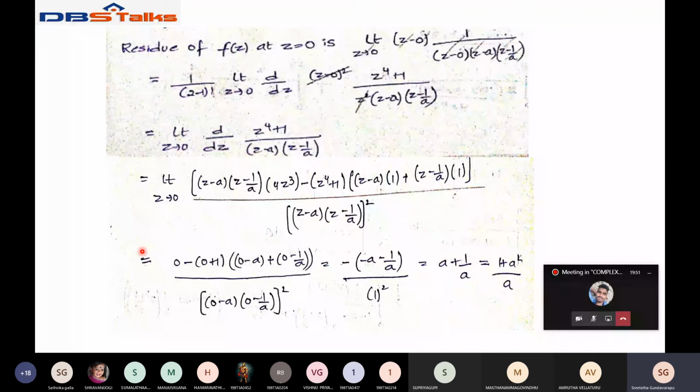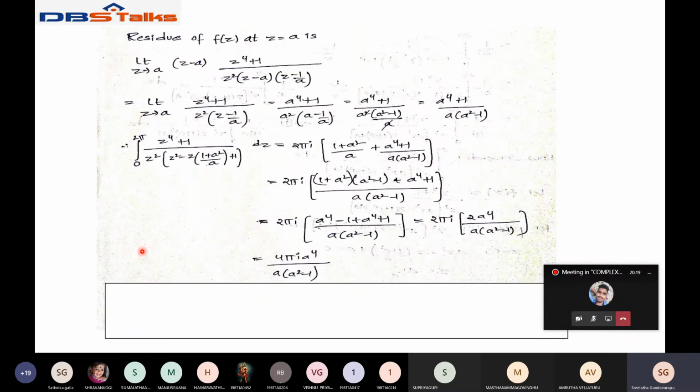F of z is z power 4 plus 1 by z square into z minus a into z minus 1 by a. That equals limit z tends to 0, d by dz of z power 4 plus 1 by z minus a into z minus 1 by a. Then differentiate with respect to z using the u by v formula and substitute z equal to 0. Finally we get a plus 1 by a, that equals 1 plus a square by a.